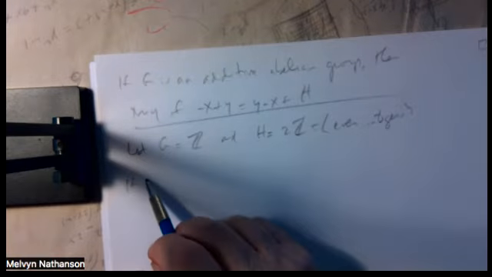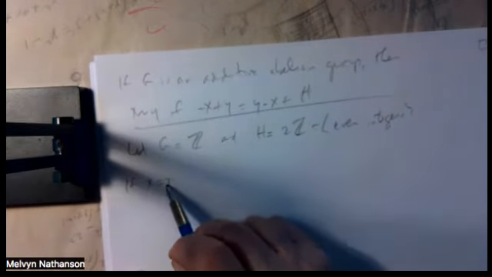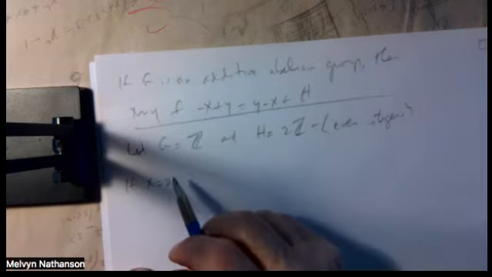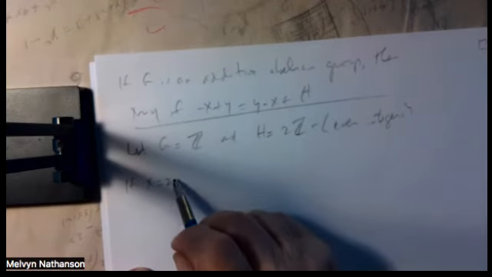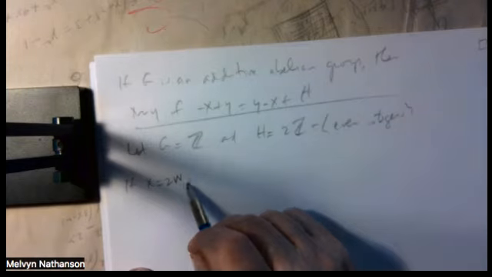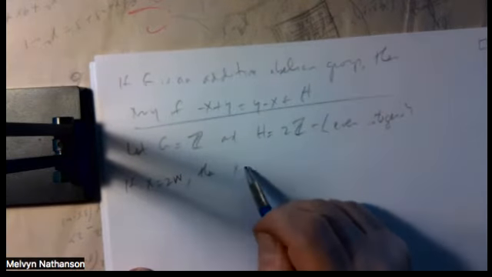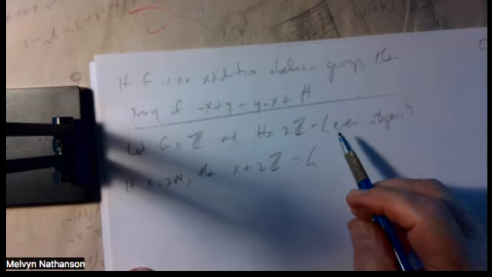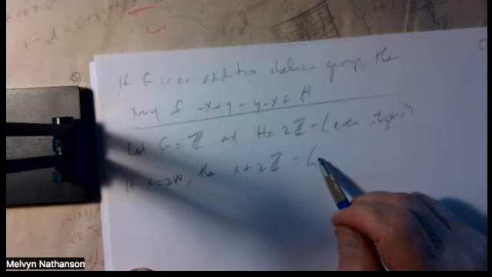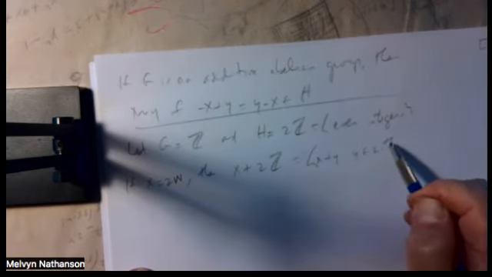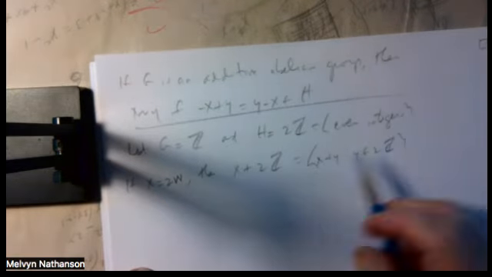So if X is some even number, then the coset X plus 2Z, this is all numbers of the form X plus Y, where Y is in the subgroup 2Z.